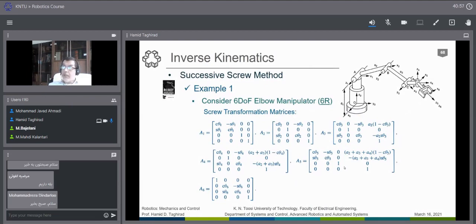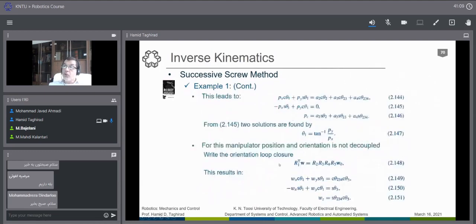UVW with respect to what? With respect to the reference frame. The orientation of the end effector with respect to the reference frame. So UVW is given to us. This is the problem statement, as we mentioned here.